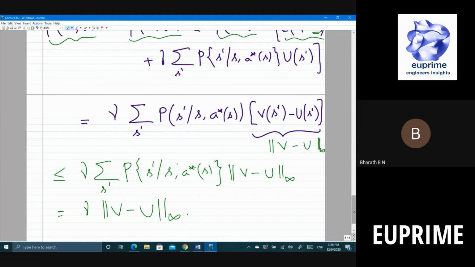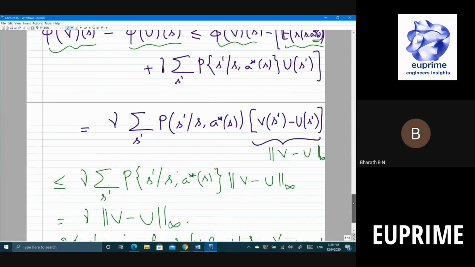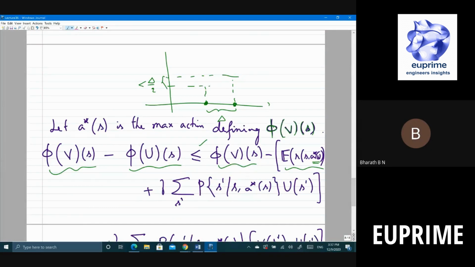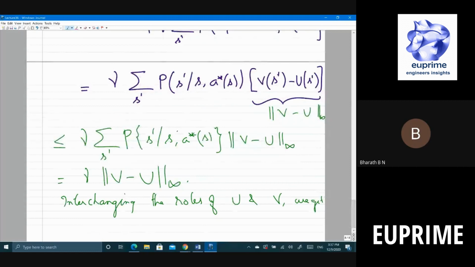Now interchanging the roles of u and v, we get, see, this was phi of v minus phi of u. Now I can do the same thing with phi of u minus phi of v. So you'll get the same inequality.